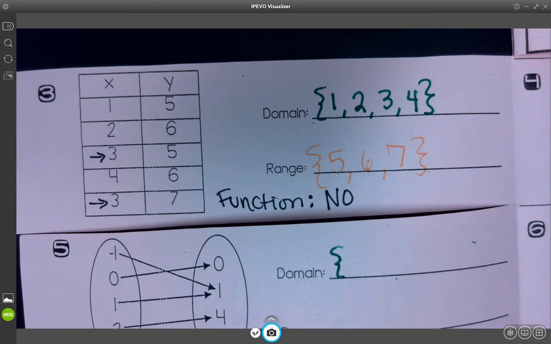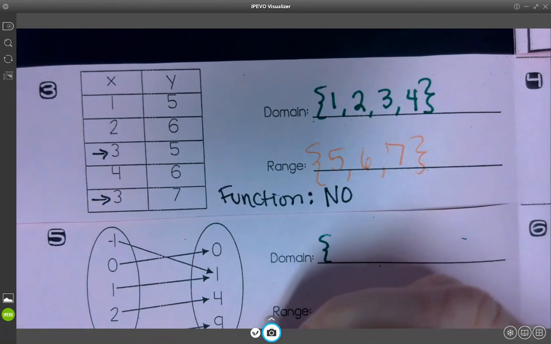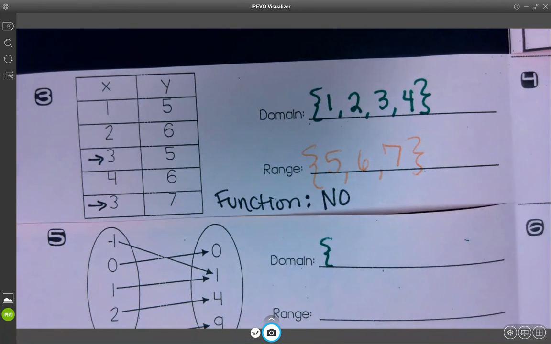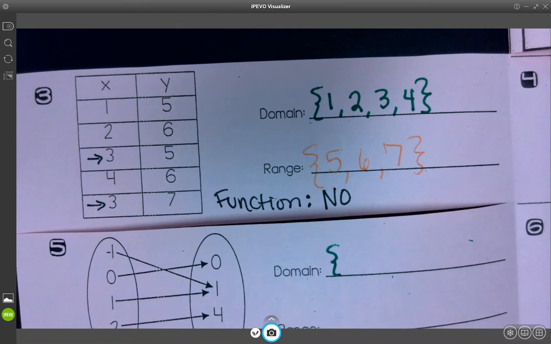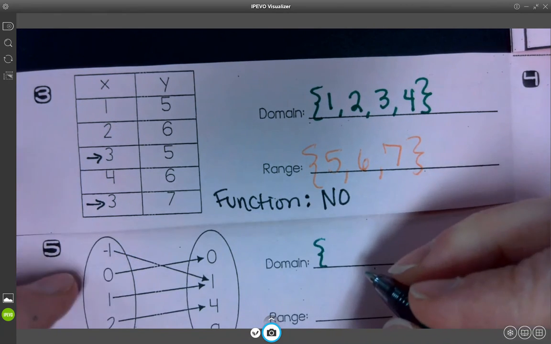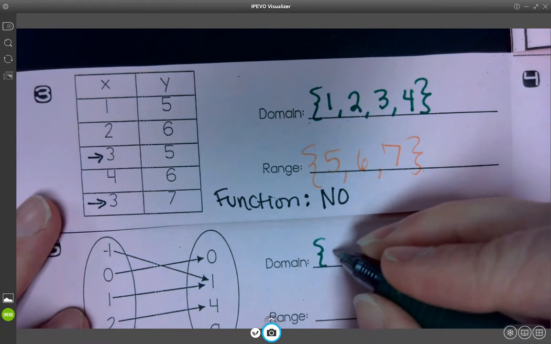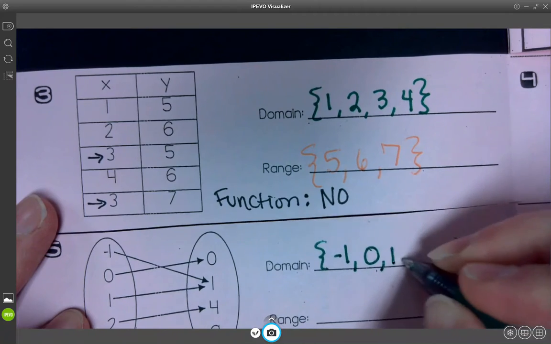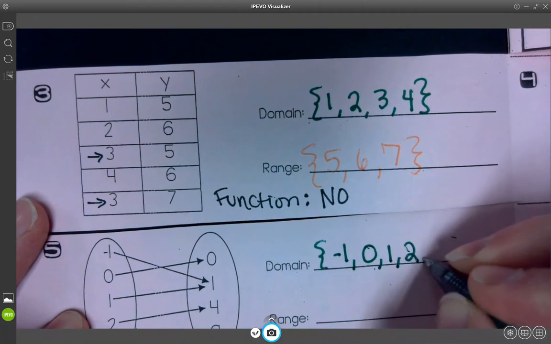Yep. So domain, least to greatest. It looks like they're already in that order, which is what's great about the mappings, is that they are in least to greatest order.